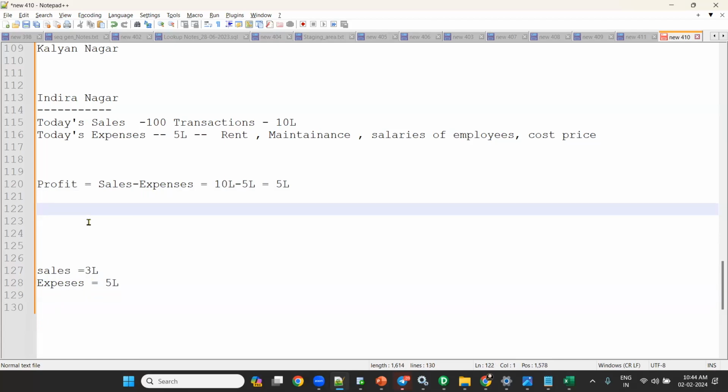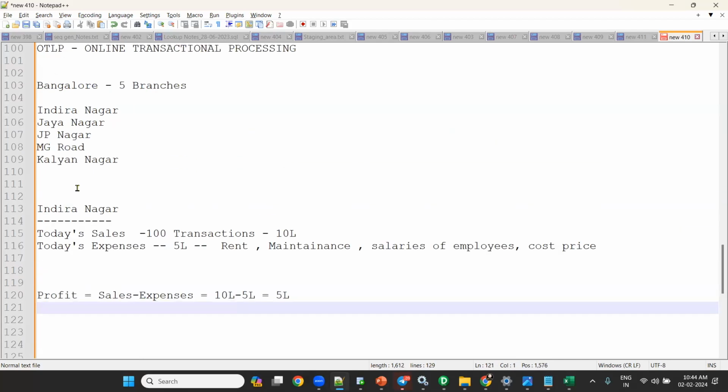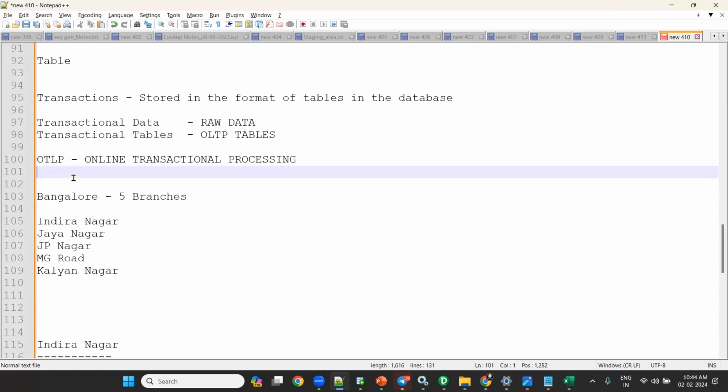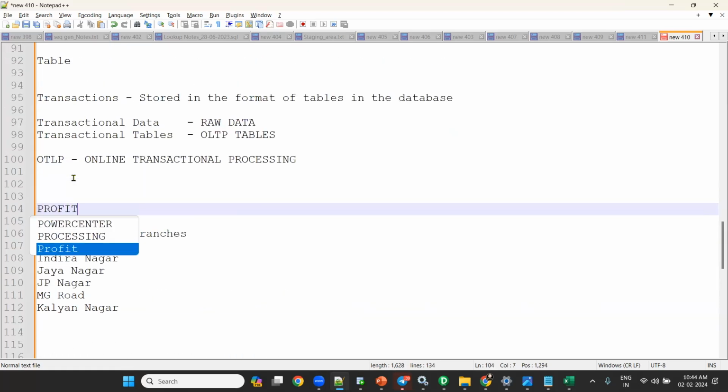Yes, guys. So what the Big Bazaar owner wanted is whether I got profit or loss. So I need a profit or loss report. What ultimately do I want? I want a profit or loss report. What kind of reports?